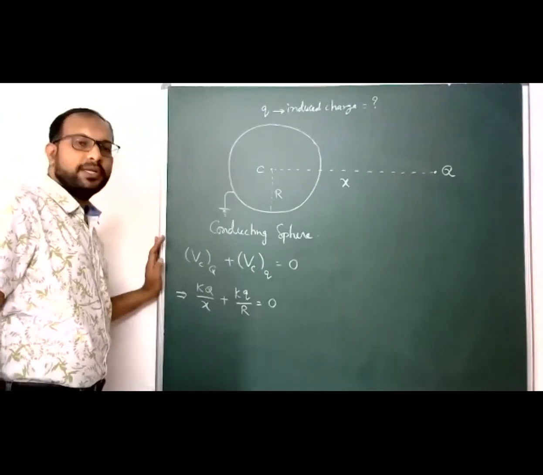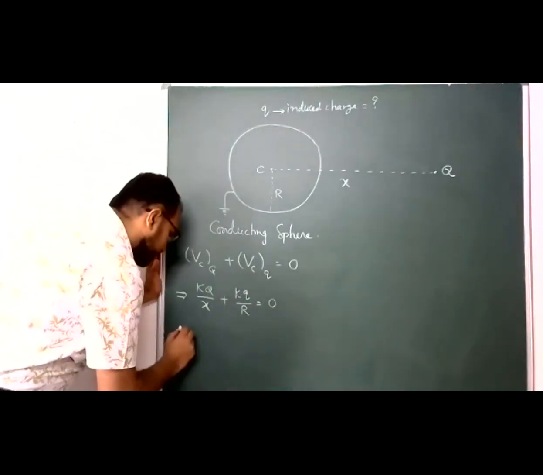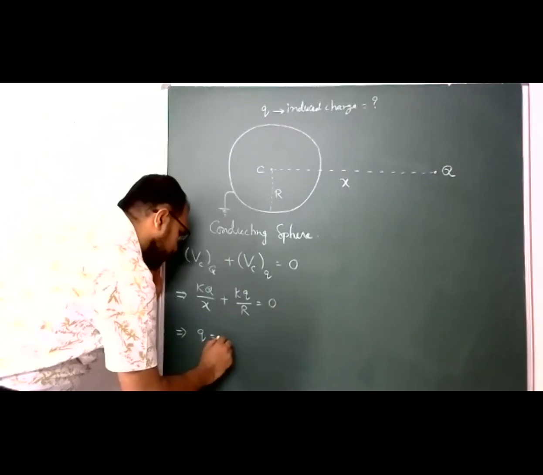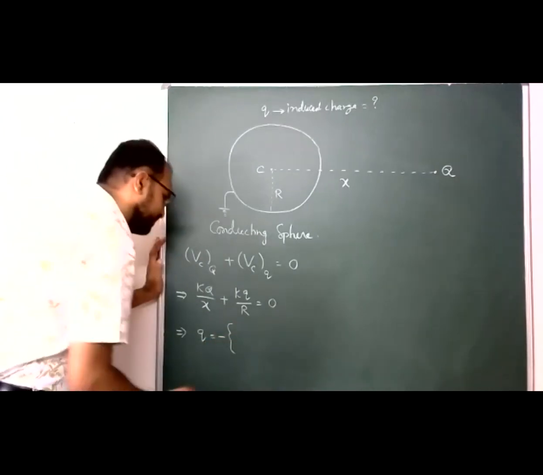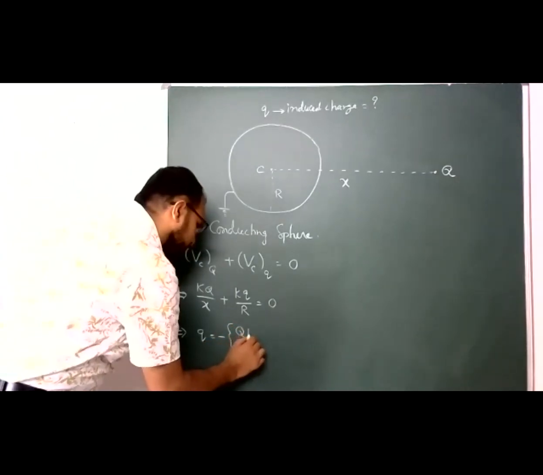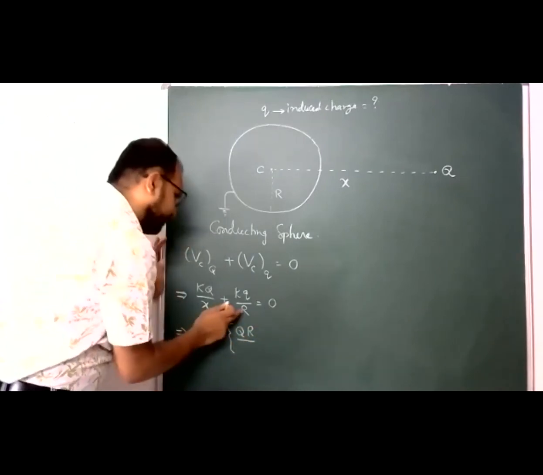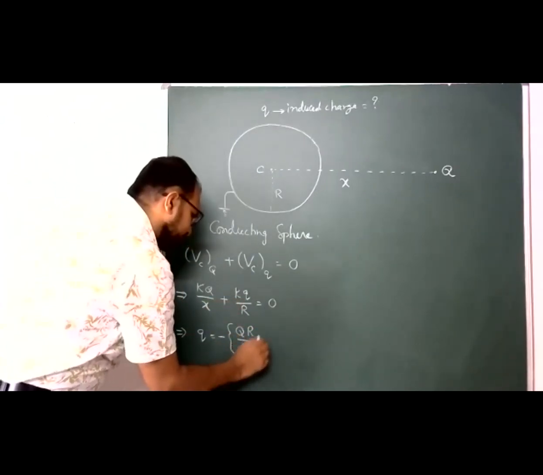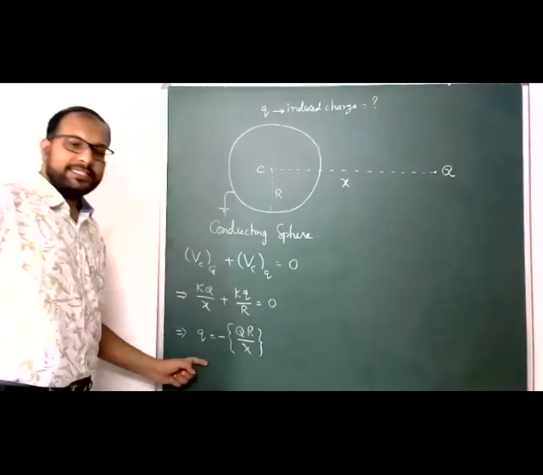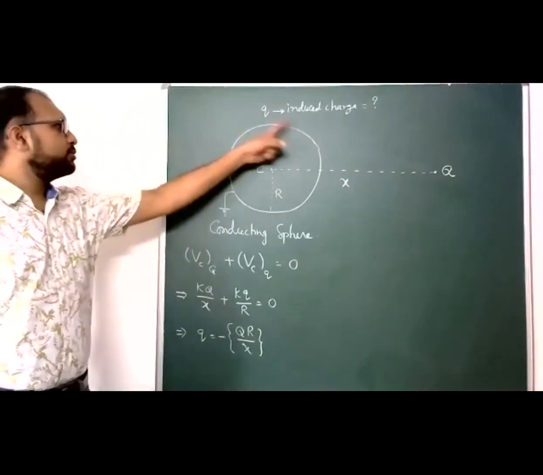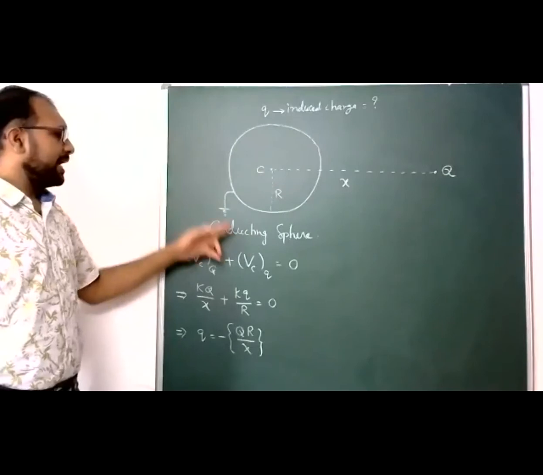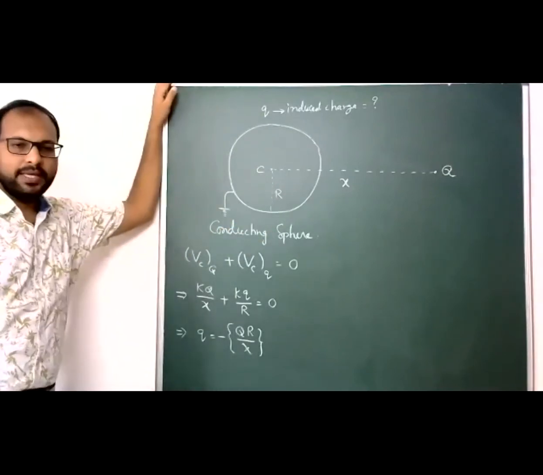Our target is small q, the induced charge. Therefore, induced charge q equals minus Q R divided by x. This is the charge induced on the surface of the conducting sphere.